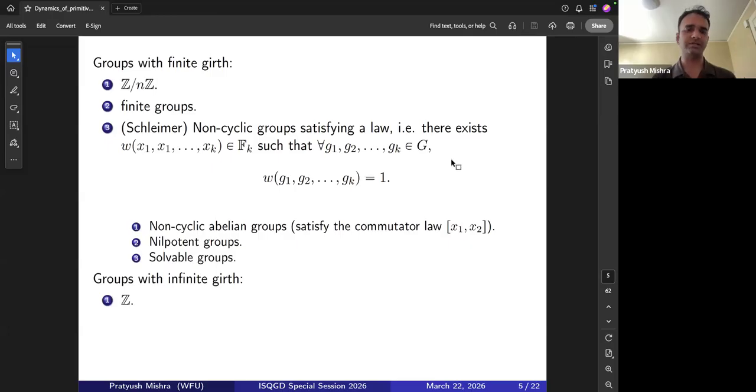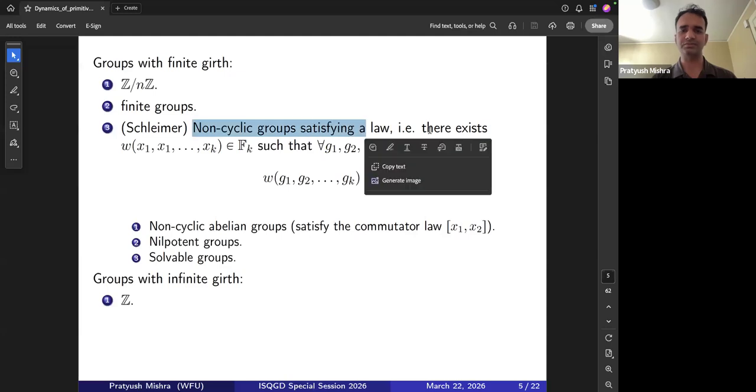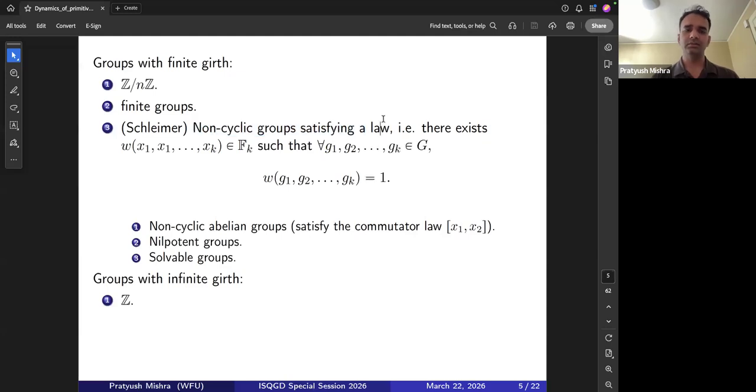Similarly, solvable groups satisfy a law. I can obtain a law from the derived series. And a group of infinite girth is Z. Although Z is abelian, that's just an exception, and that's the reason I say non-cyclic group satisfying a law.